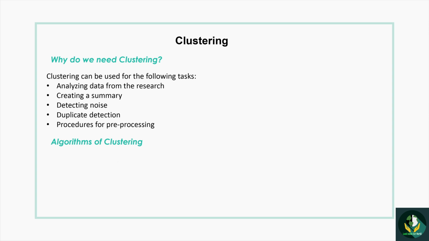All these tasks can efficiently be performed using clustering. In the next lectures, we are going to discuss the algorithms of clustering, which are k-means clustering, hierarchical clustering, and density-based clustering.